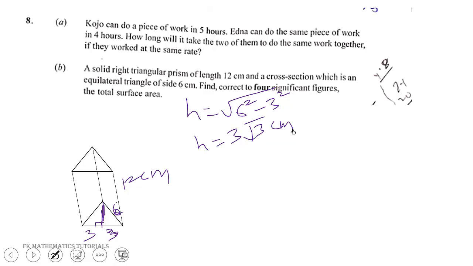Now we are supposed to find the total surface area of this prism. So total surface area will be equal to area of the two equilateral triangular faces. So 2 times half base times height. The height is 3 root 3 centimeters.